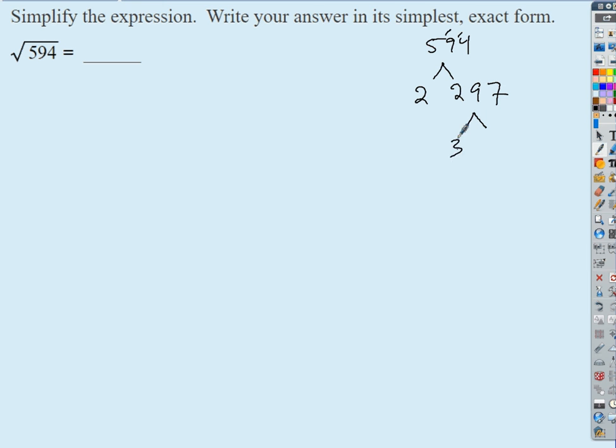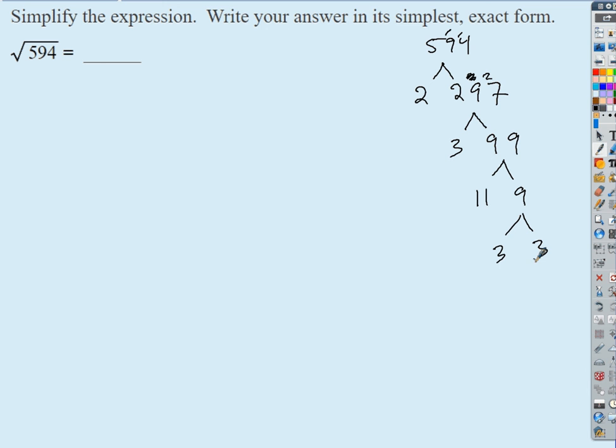So 3 doesn't go into 2, but 3 goes into 29 9 times with 2 left over. 3 goes into 27 9 times. Okay? And then we could do 3, but we could even do probably an easier one. 9 and 11. Right? And 9 breaks up into 3 and 3.